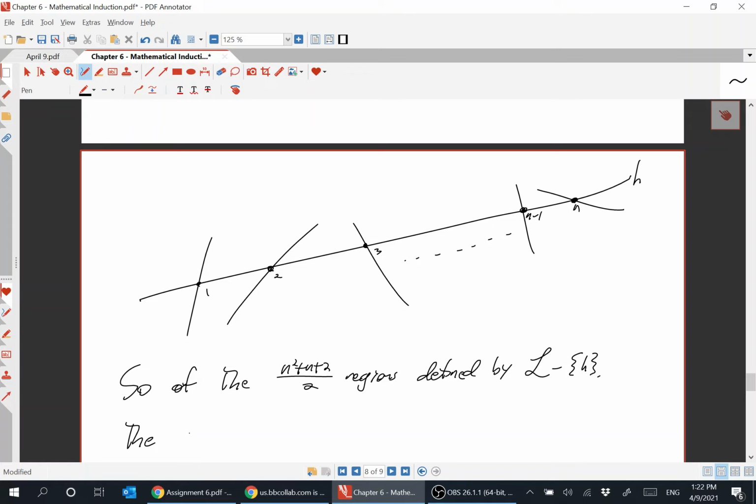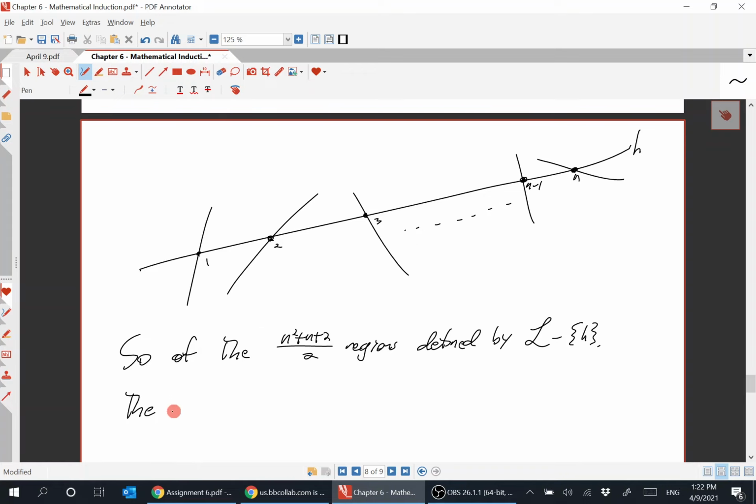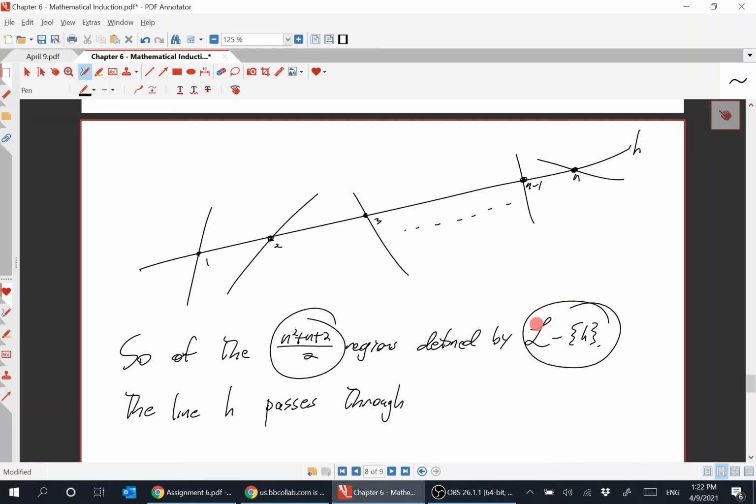Think about it before you say it. How many does H pass through? So there's this many regions defined by L minus H. And then I'm going to take H and put it back in. How many of these regions does H pass through?